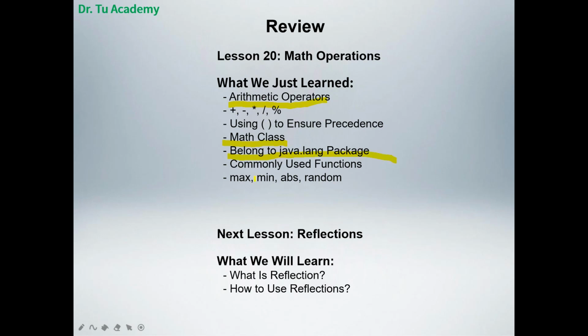It contains a lot of commonly used functions such as max, minimum, absolute value, random, and many more. Our next lesson will be reflections. We will learn what is reflection and how to use reflections.